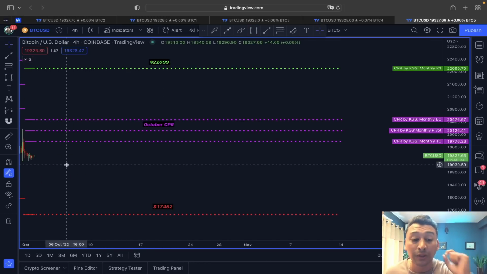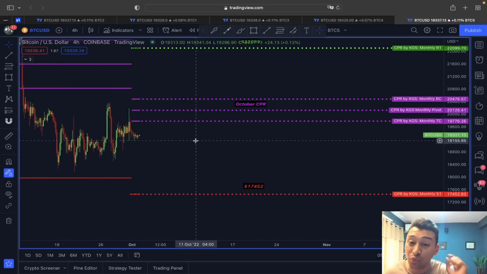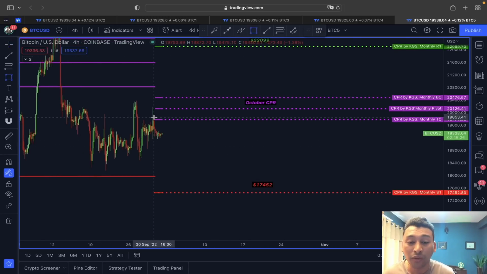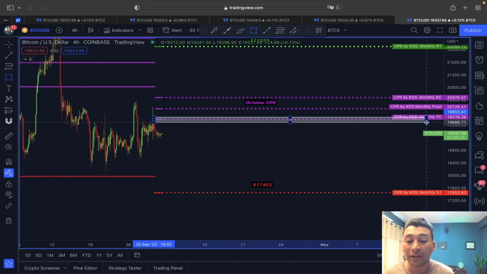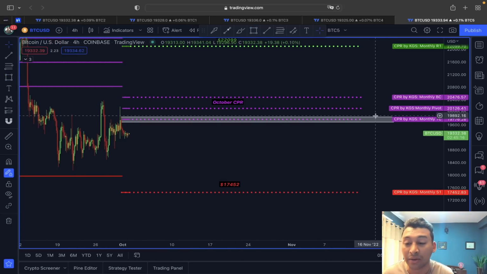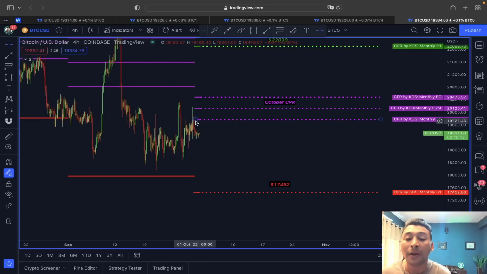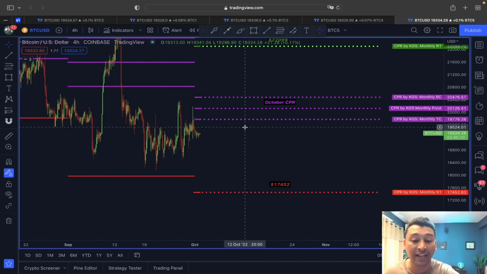Why? Because the price of Bitcoin started this month of October below the bottom CPR line, and we know if we close or start a new month below the CPR line, then this is actually considered a bearish scenario. Yes, price opening the month below the bottom CPR line is considered a bearish scenario.